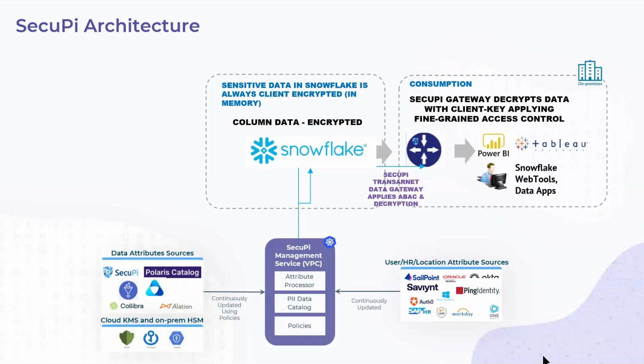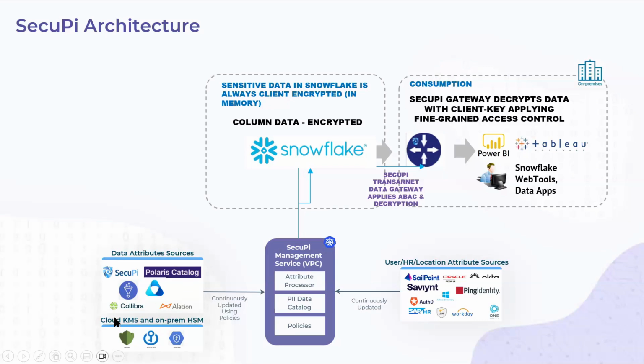What does that mean? We can have information from your identity management and from your HR systems and from your authentication system and even from your LMS. Maybe you just need to do a certification to get access to personally identifiable information. So we can get information from those systems.